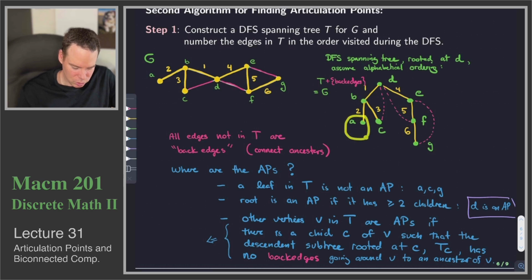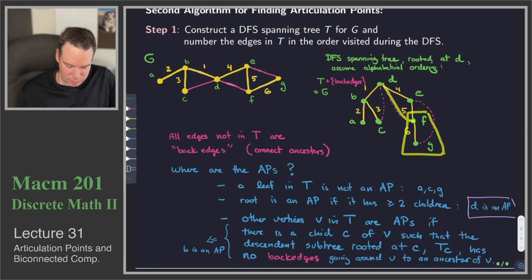There's a child, A, of B, for which there's no back edge connecting it higher up. So I know that B is an AP. What about E? Is E an AP? So I look at the subtree of the child of E, and there is a back edge that's connecting it to a higher ancestor. So if I remove E, there's still this back edge that keeps it connected. So E is not an articulation point.